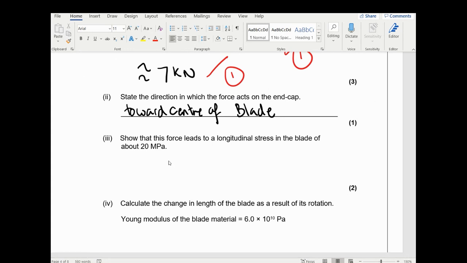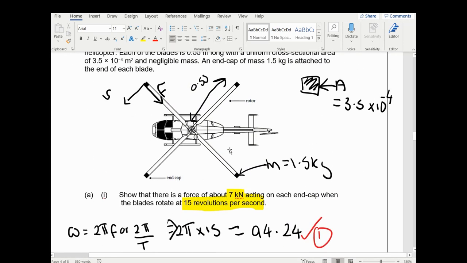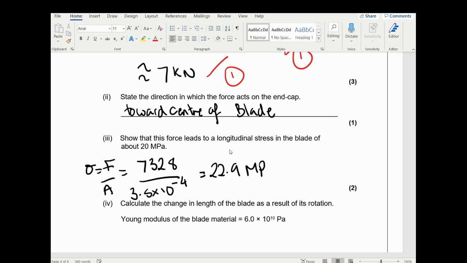Show that this force leads to a stress of the blade. Now this is where it goes synoptic. Stress is force over the area. So that's 7,328 divided by my cross-section area, 3.5 times 10 to the minus 4, which equals 22.9 megapascals, approximately equal to the 20 megapascals that they're after.